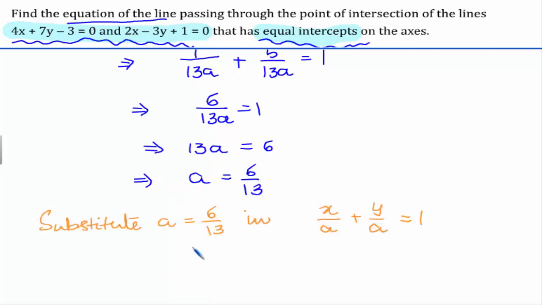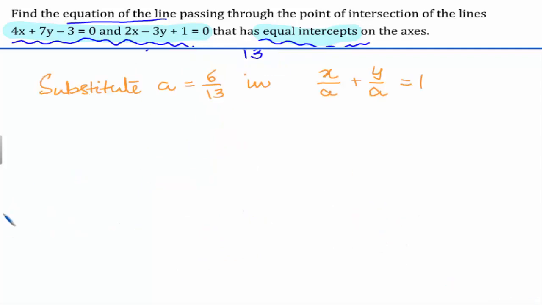And let us substitute a is equal to 6 by 13 in the equation x by a plus y by a is equal to 1, and we get x by 6 by 13 plus y by 6 by 13 is equal to 1.